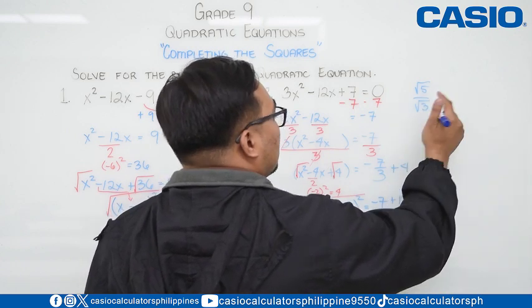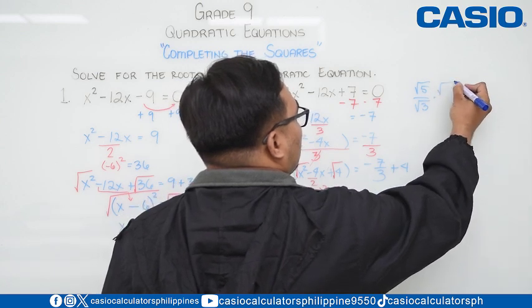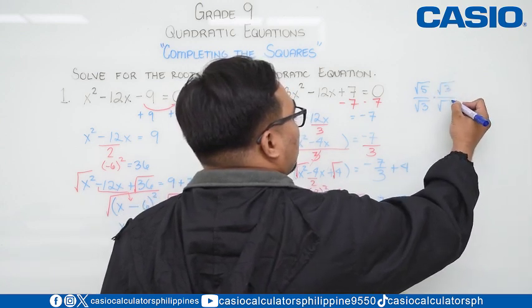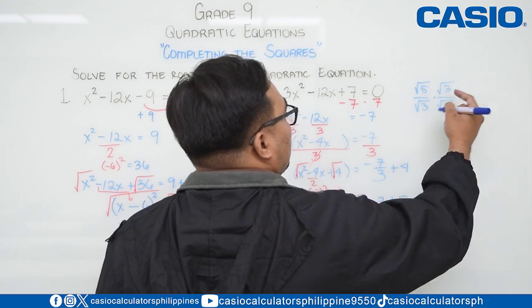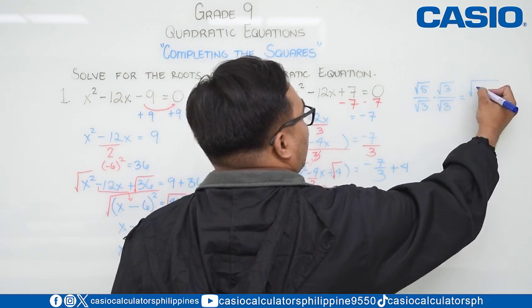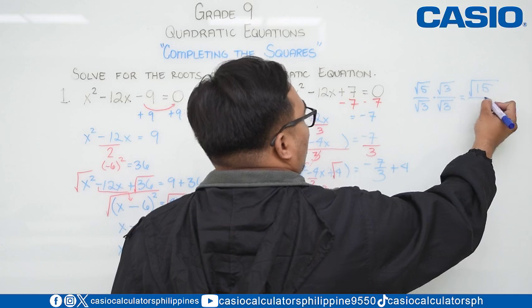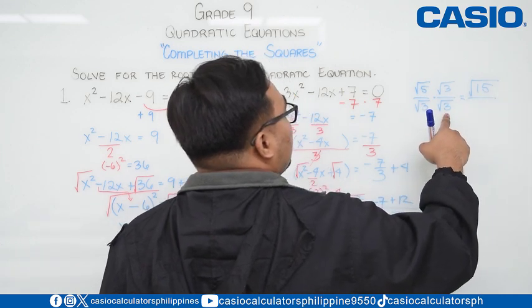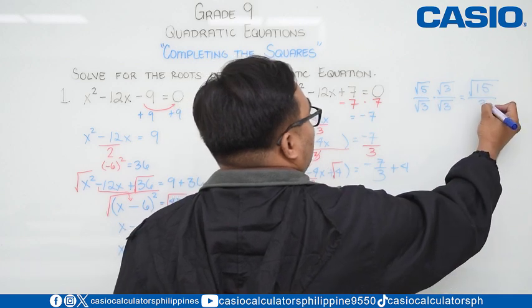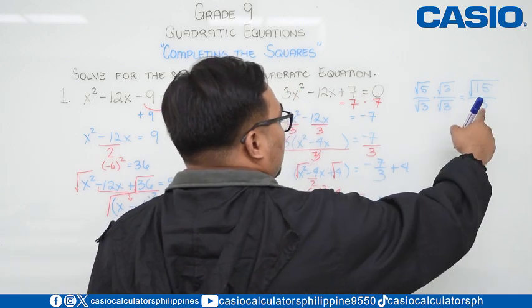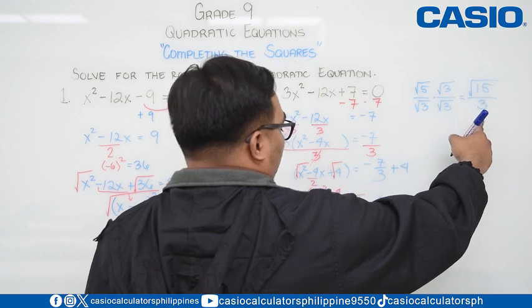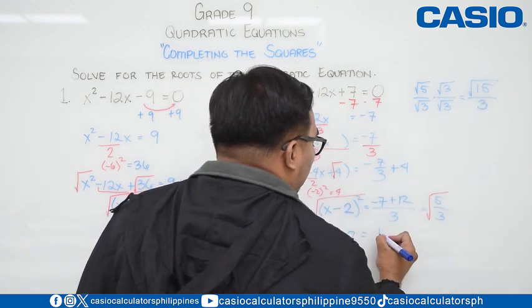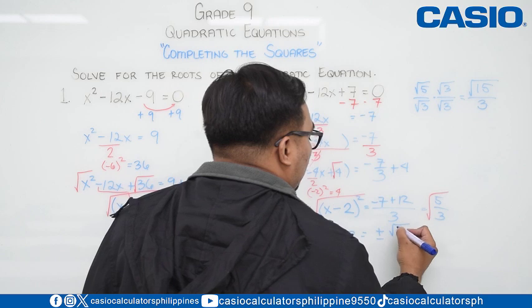To do that, we multiply both numerator and denominator by square root of 3, so that we will have in the numerator square root of 15, and in the denominator square root of 3 times square root of 3, which is square root of 9, and square root of 9 is positive 3. So that will be our right side of the equation: positive or negative square root of 15 over 3.